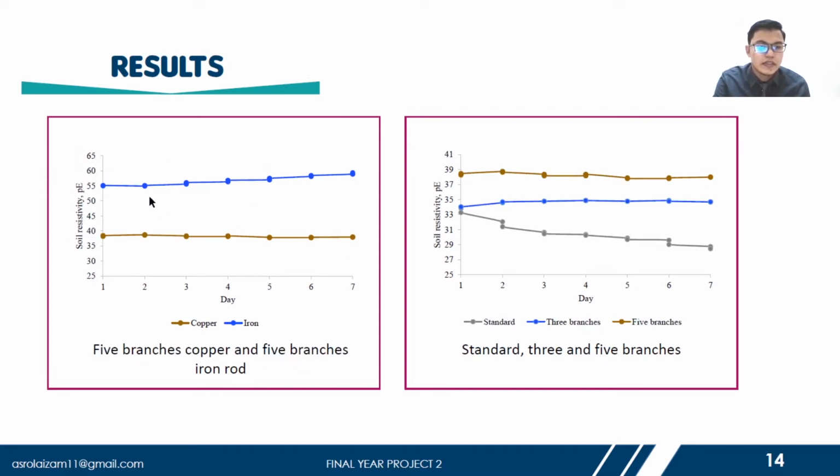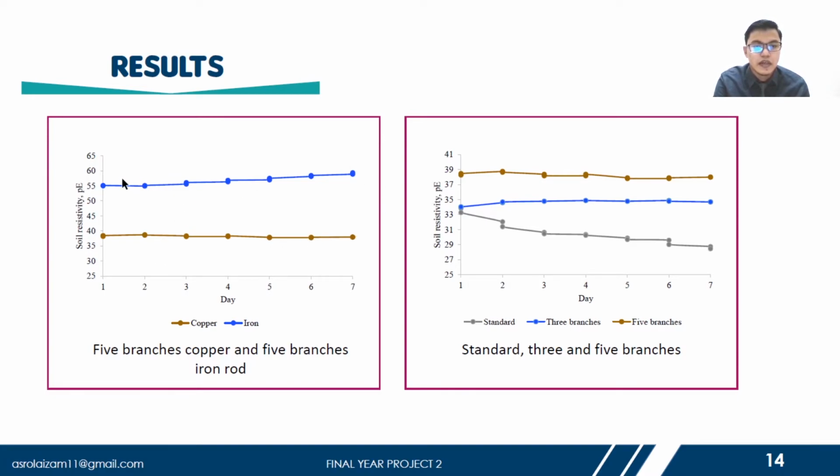Okay, the next is the comparison between the 5 branch copper and 5 branch iron road. As you can see here, it is a bit different for these 2 types of road. The 5 branch copper road is better, with lower soil resistivity.